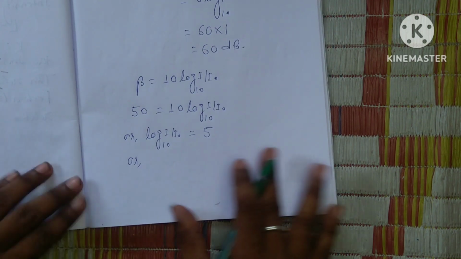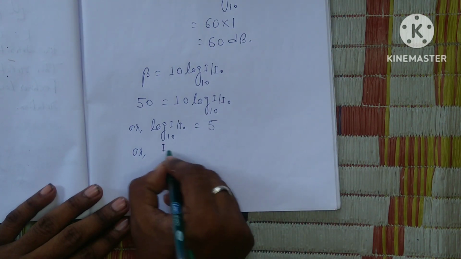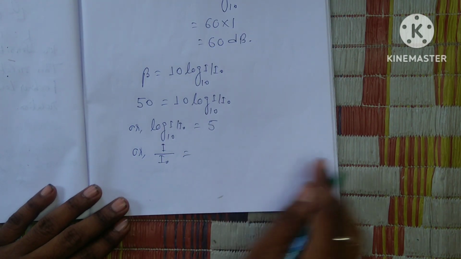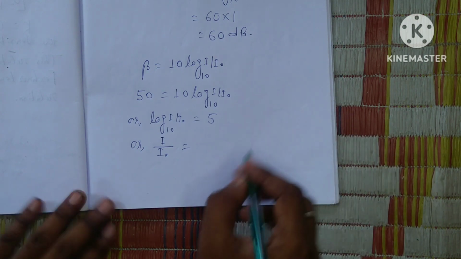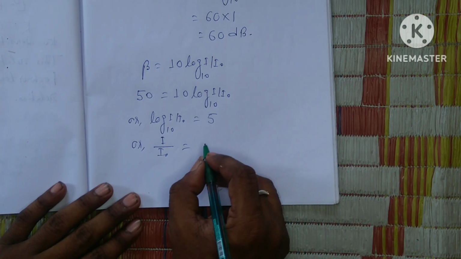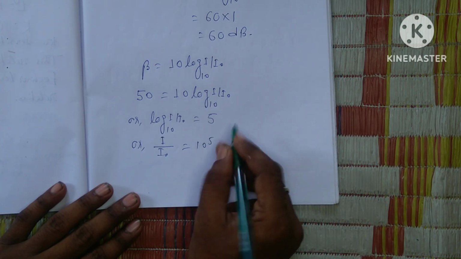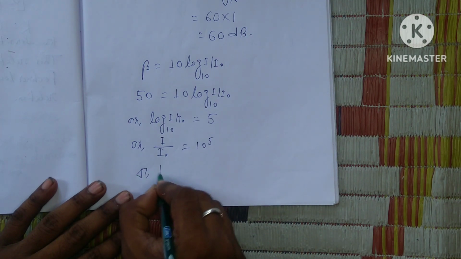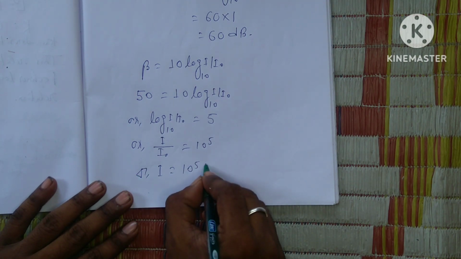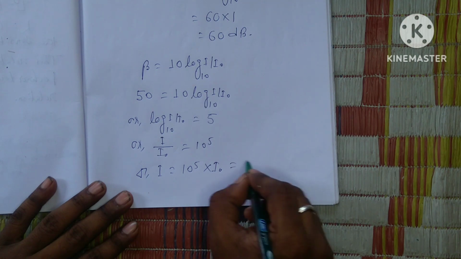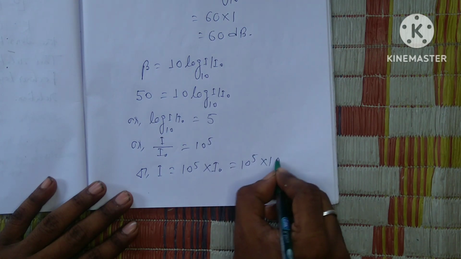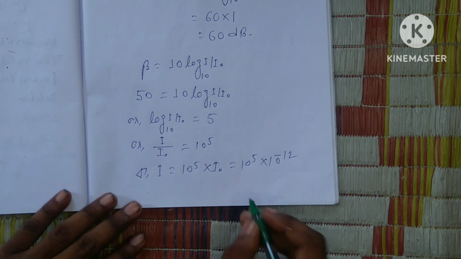Using the relation of log, I by I0 equal to 10 to the power 5. So I equal to 10 to the power 5 into I0, that is 10 to the power 5 into 10 to the power minus 12.